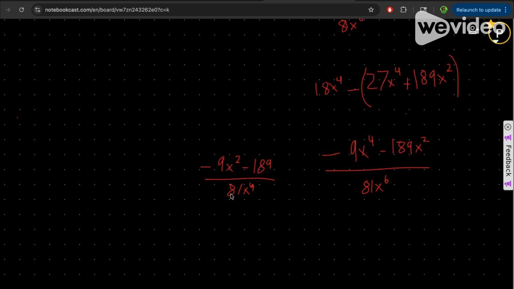So what we can do is 9 over 81x to the 4th, negative x squared minus 21, which is 189 divided by 9, and this also happens to be our answer.